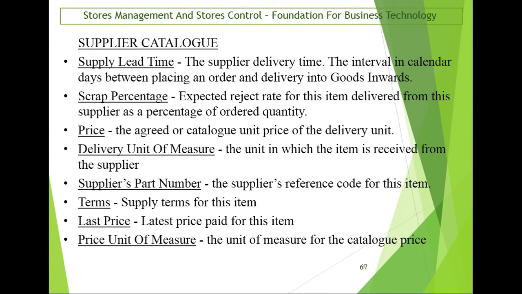They don't even know how much they last paid for a particular item from that supplier. So your system must give you that facility to keep or to maintain, and then to easily retrieve the last price that you paid. And then you want to know what is the price unit of measure.